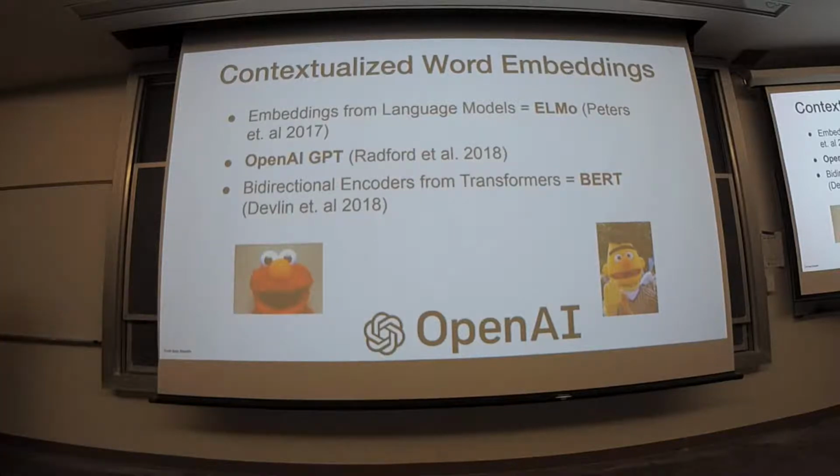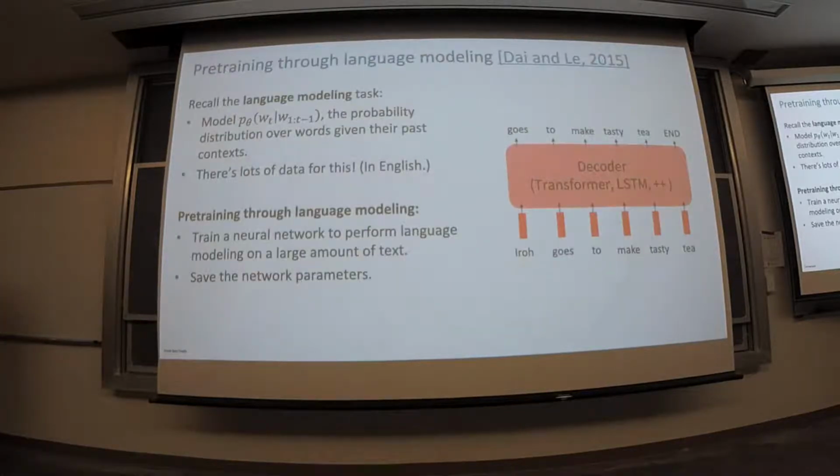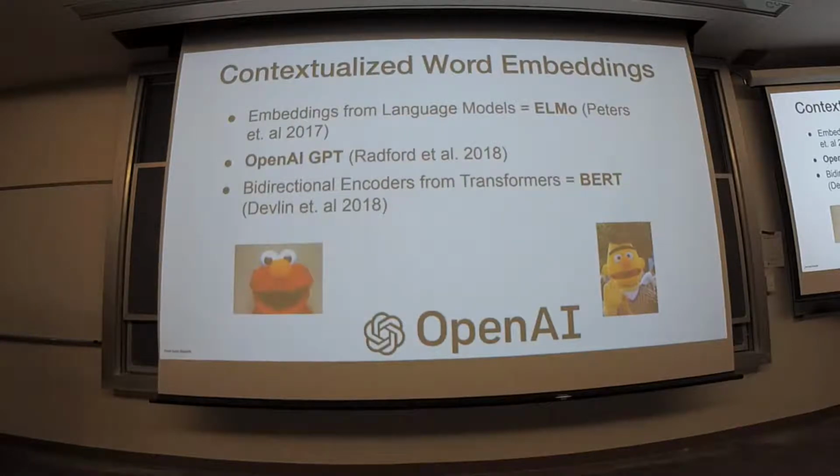Do I have the Elmo slide here? No, I don't think I do. I'm not going to spend any time on Elmo. I'll just tell you that what Elmo does is give you a contextualized embedding for your tokens by learning two LSTMs.